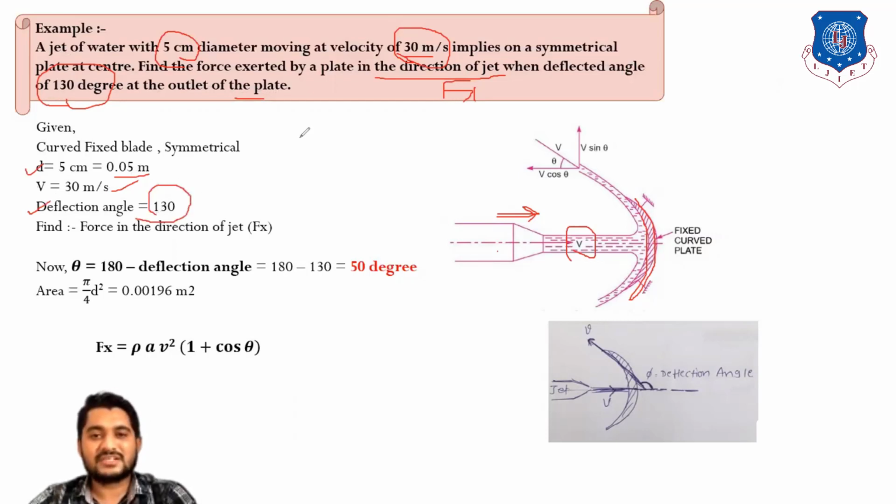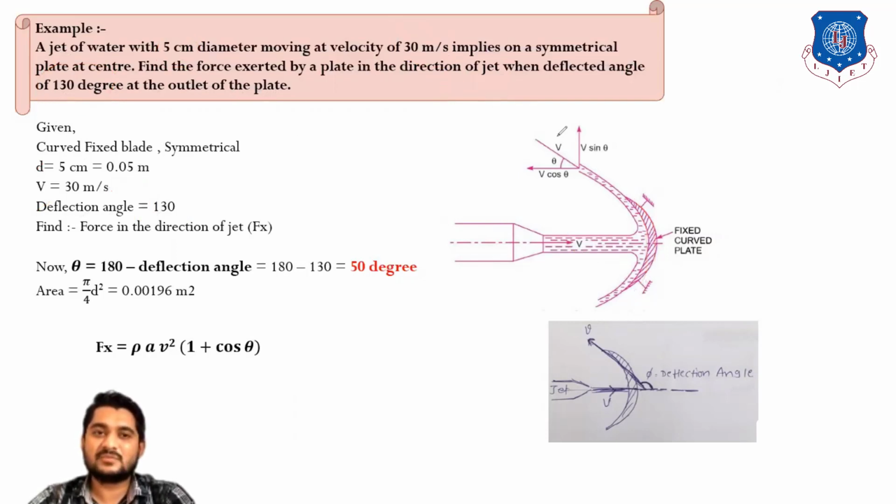So let us solve this example. Here is the sketch. The sketch in the GTU examination is not necessary, but from the equation point of view, you have to first draw the sketch and then derive the equation. First of all, what do we mean by deflection angle? As shown in this sketch, if there is no blade, the jet will go in this direction, 180 degree, but there is a blade here, so the jet will deflect by this angle.